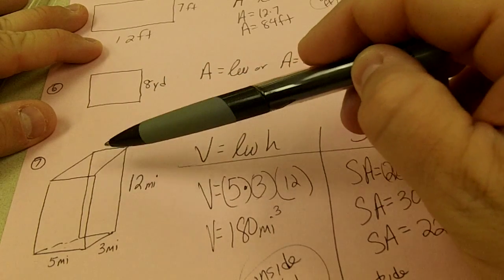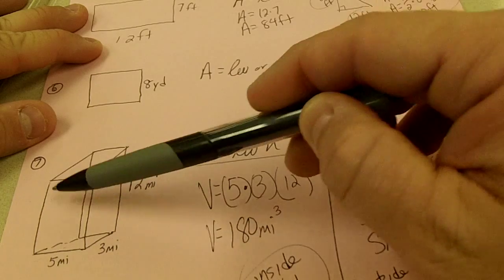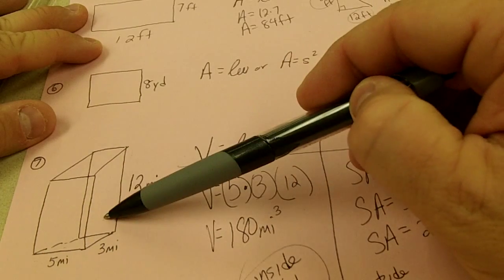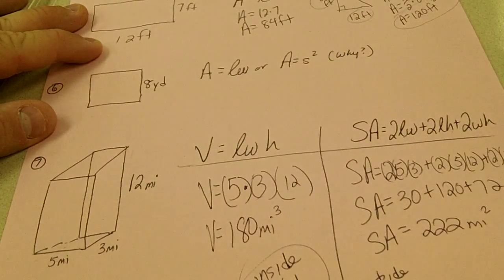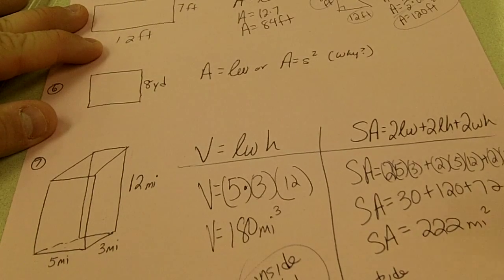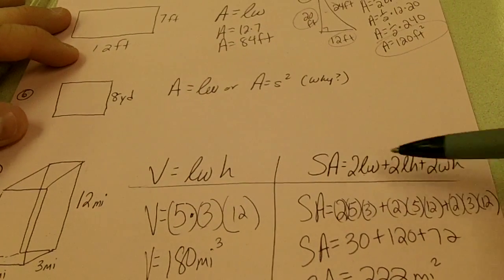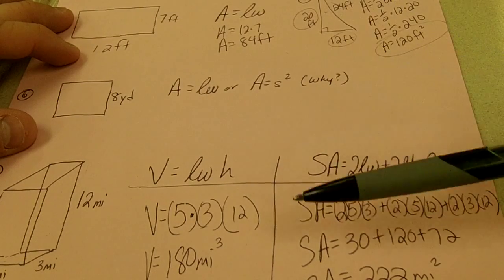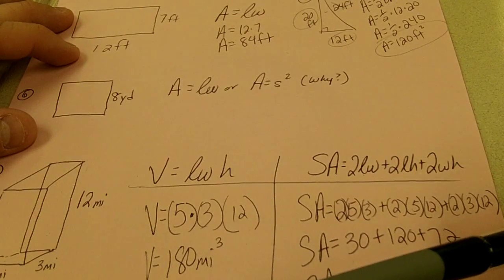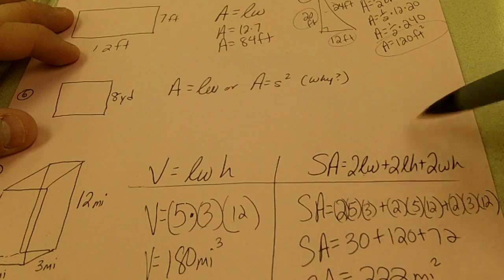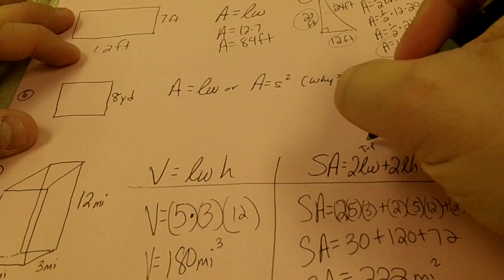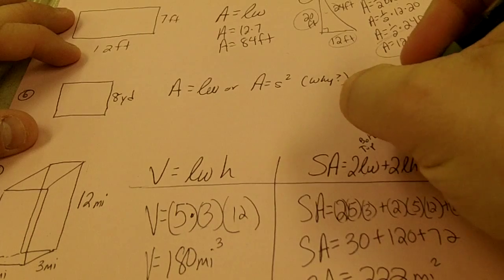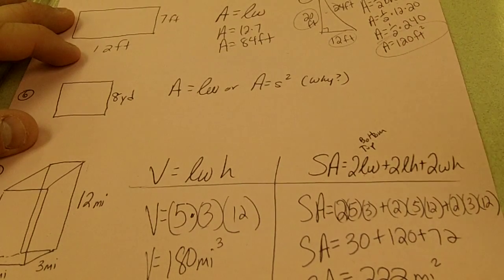If I find the area of the left side, then the right side should be congruent to that. The picture doesn't really do a good job of it, but it should. And that's the reason why we have a formula such as this, 2LW. Let's say that the LW is supposed to be the base of it. So I have to have a top and a bottom.